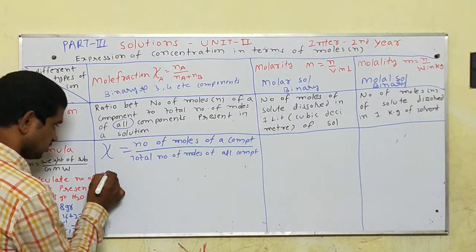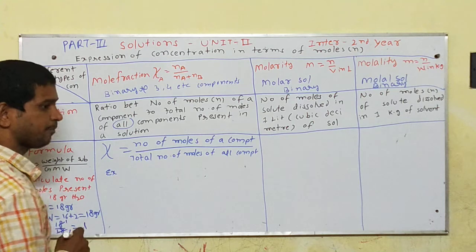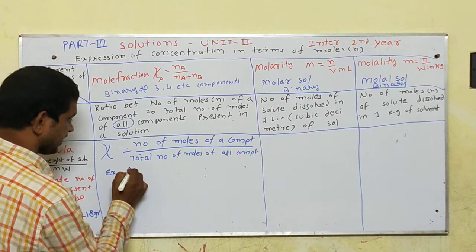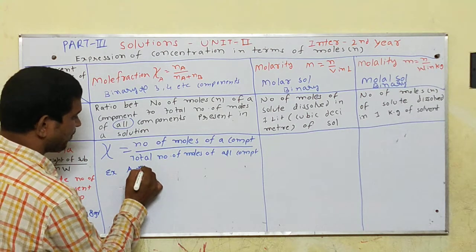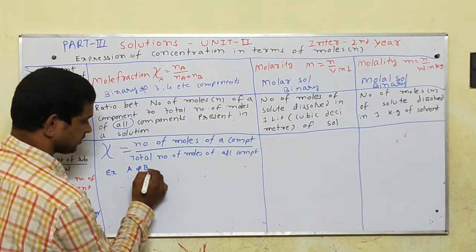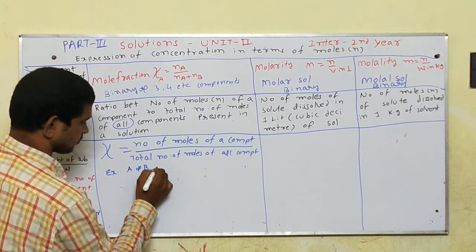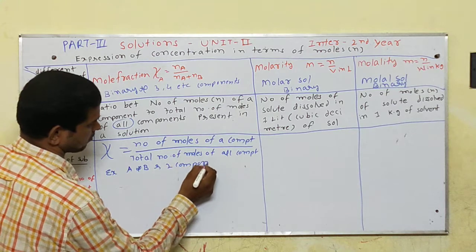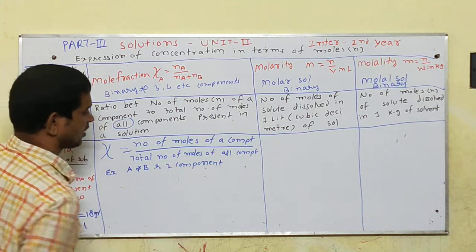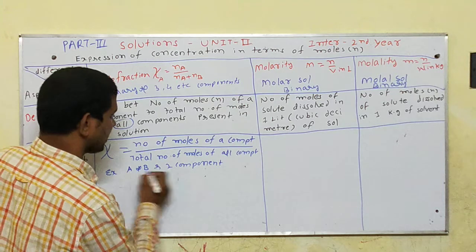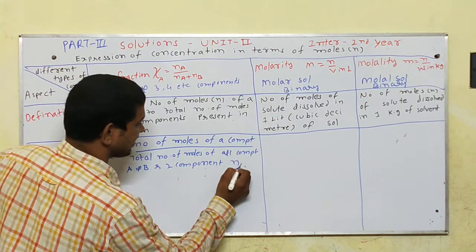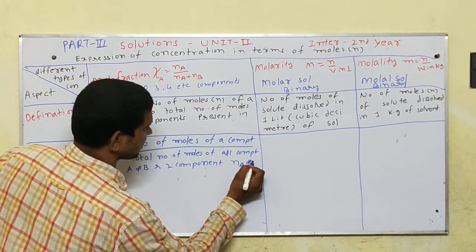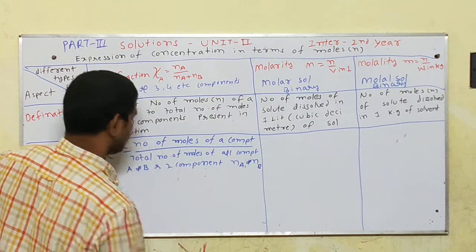Example, if I take a binary solution in which A and B are two components, and the number of moles of A component is Na and the number of moles of B component is Nb.